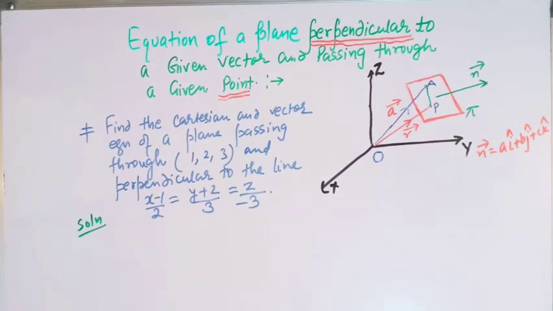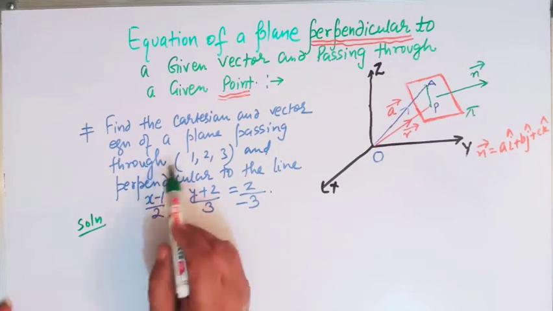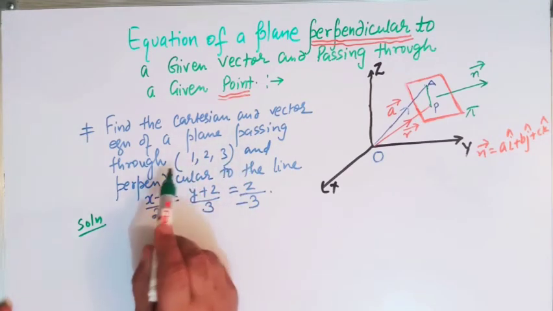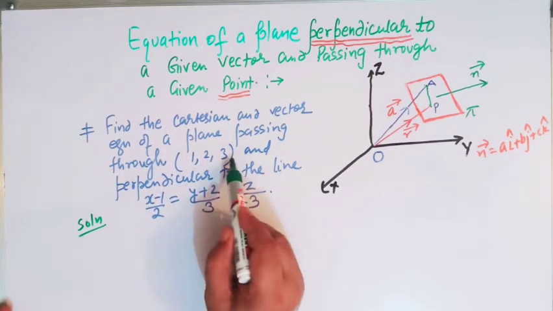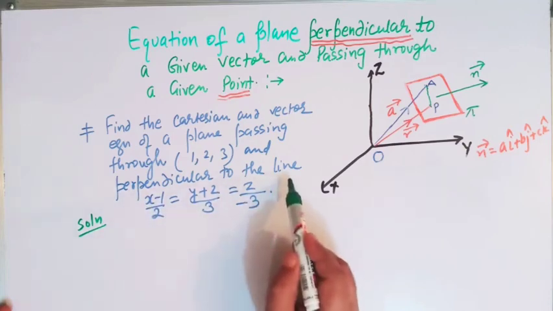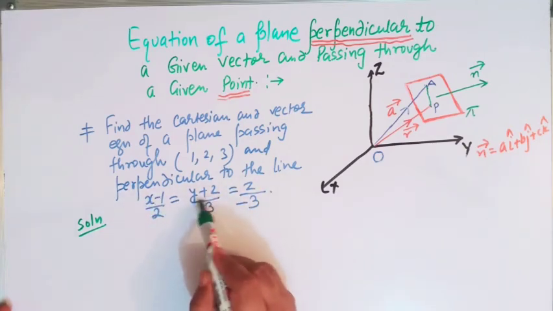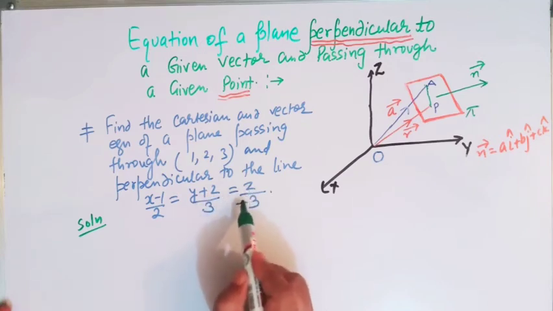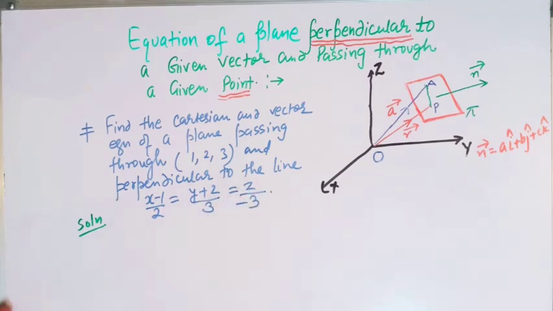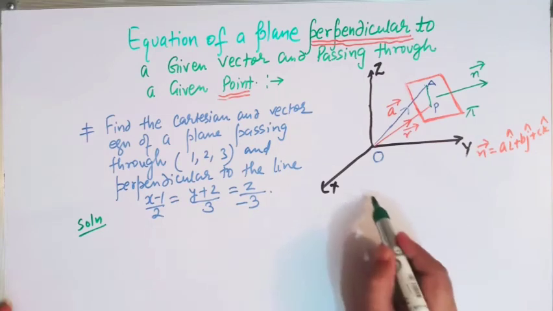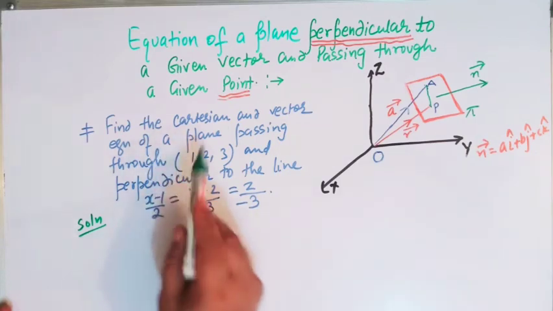Now viewers, let us take this problem. Here we have to find the Cartesian and vector equation of a plane which passes through the point 1, 2, 3 and perpendicular to the line (x minus 1) by 2 equal to (y plus 2) by 3 equal to z divided by minus 3. Now here we are given the point.